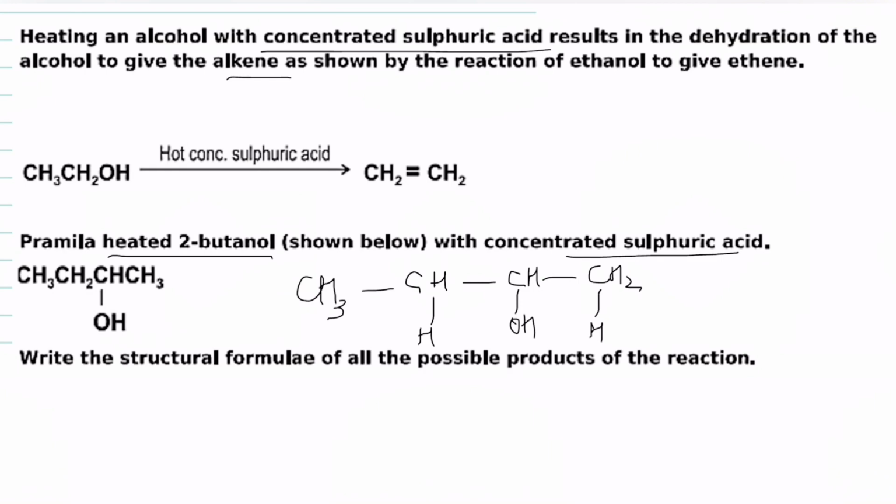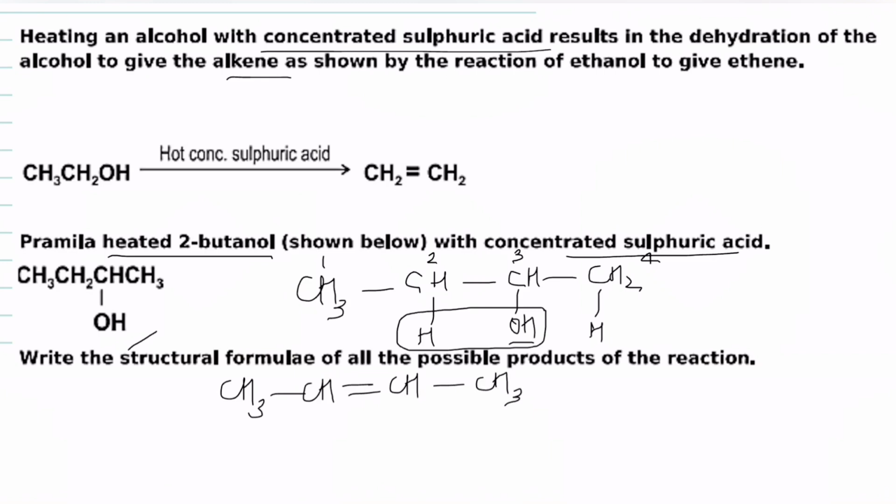Now here in 2-butanol, there are two adjacent carbons to the carbon carrying the OH group. Let's number them 1, 2, 3, 4. So if OH from the third carbon and H from the second carbon goes, you would get CH3, CH double bond CH, then CH3.